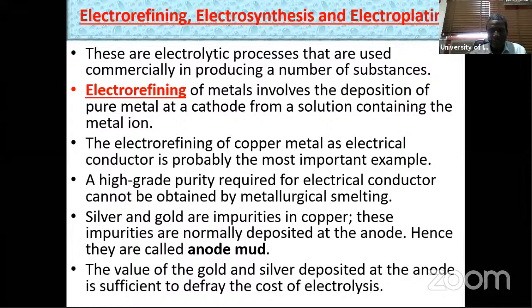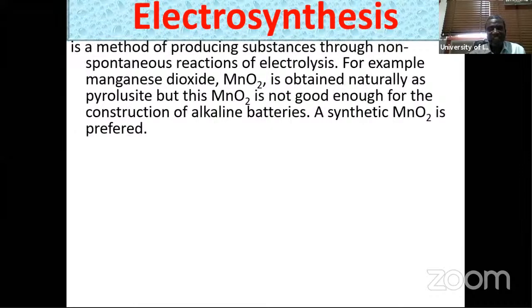So I think that's what this is just saying. Now, electrosynthesis. Electrosynthesis is also similar to electrorefining, but of course, in electrorefining, you are not changing chemical composition. In electrosynthesis, you are producing a new thing, and you are using electrolysis to produce this.